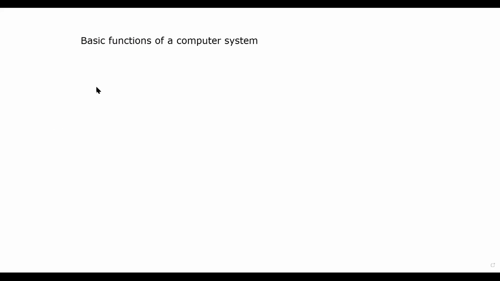For example, we can talk about the input, the process, the output and storage, right?